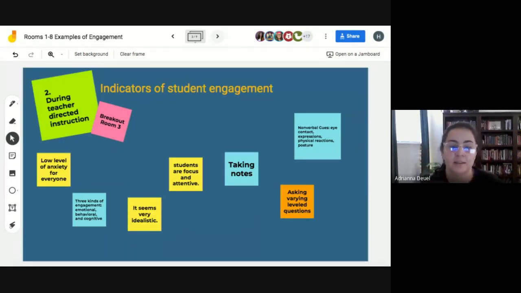So it's about finding the balance, because engagement doesn't necessarily mean everything is fun. Not every day is going to be perfect or successful. Engagement is going to shift moment to moment, and as new teachers, we need to remember that.